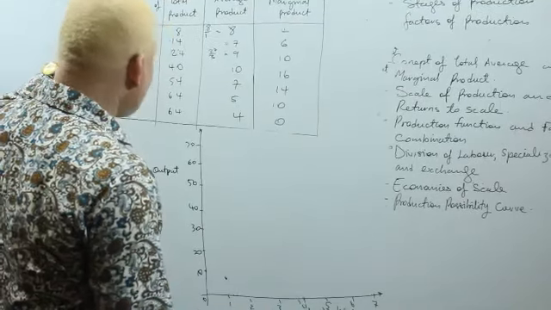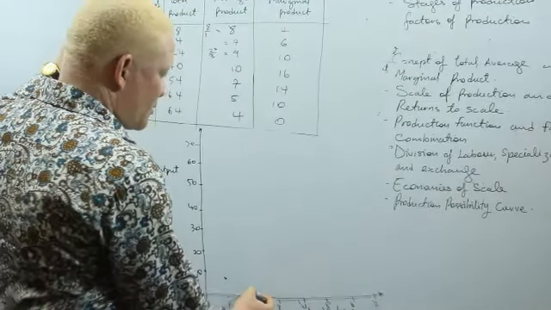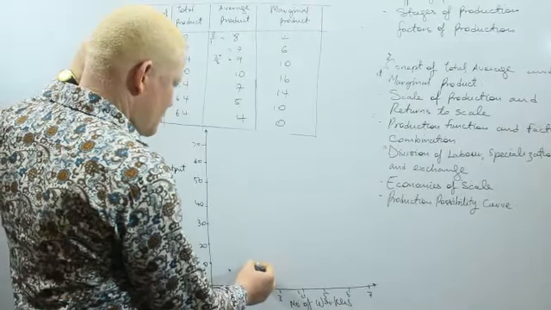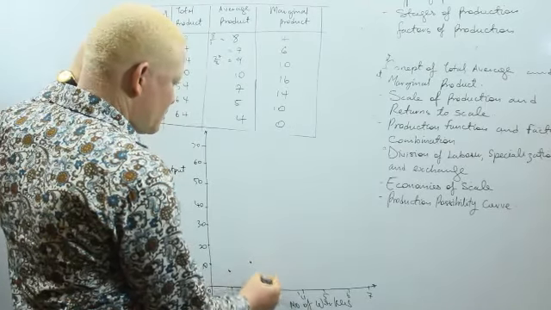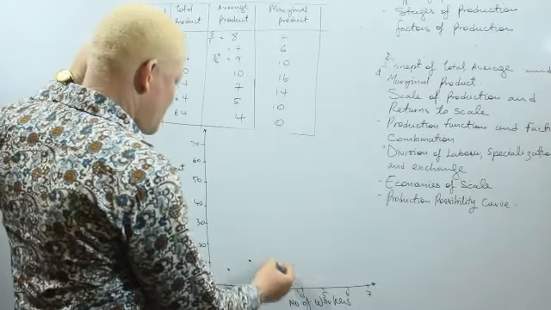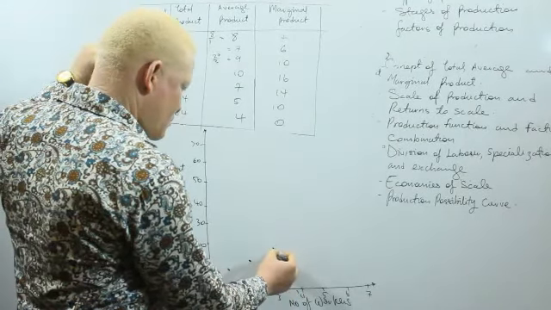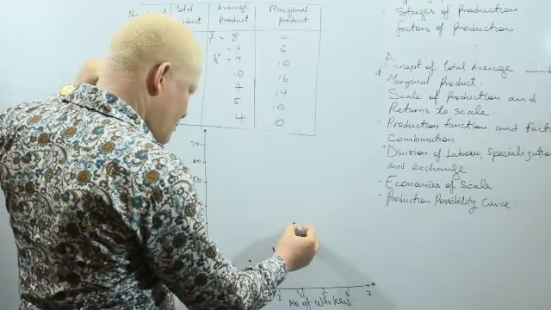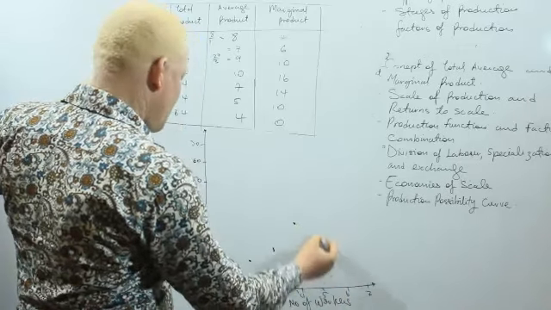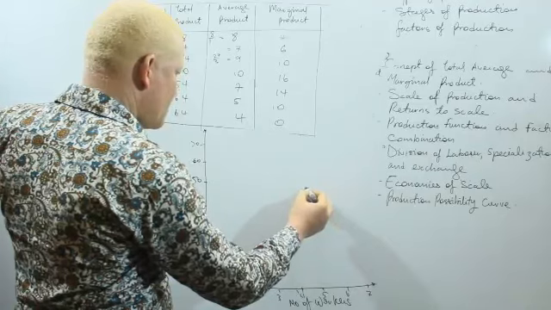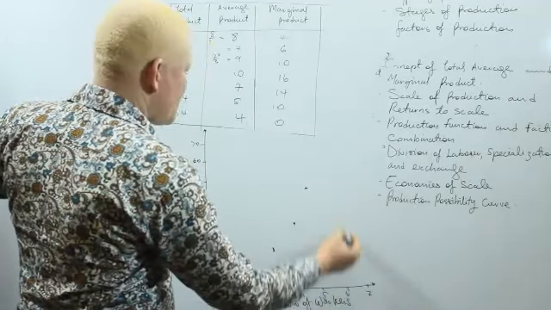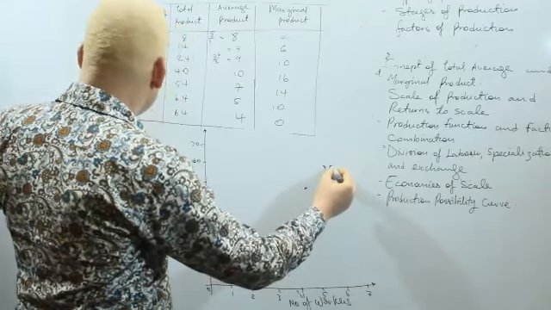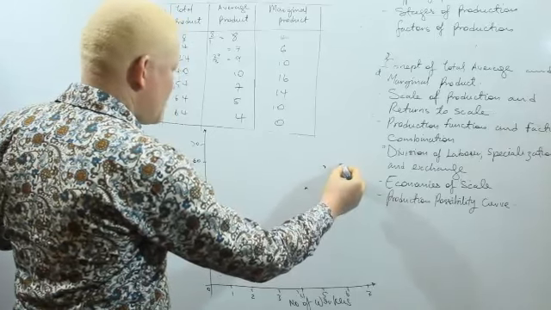The second one, 14. Third one, 24. Four, 40. 5, 54. 6, 64. 7, 64.